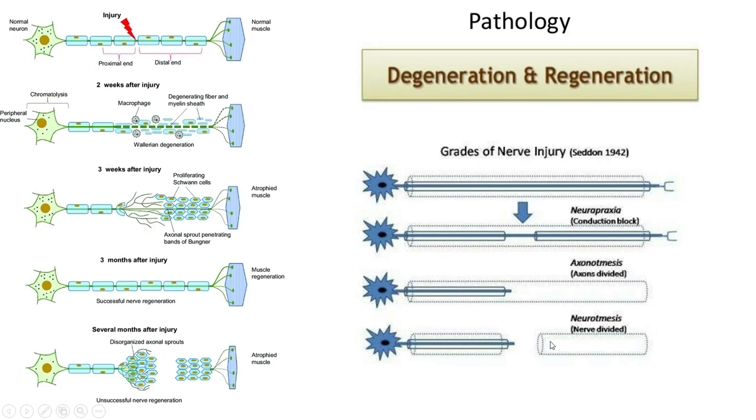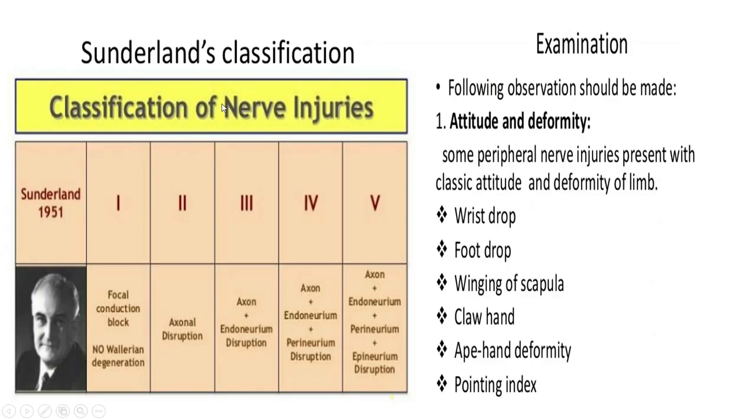This is neurotmesis. All the levels are cut, and this is axonotmesis. This will be maintained, and when we see neuropraxia, this is due to only conduction block. Okay. Now that Seddon classification has been again reclassified by Sunderland.